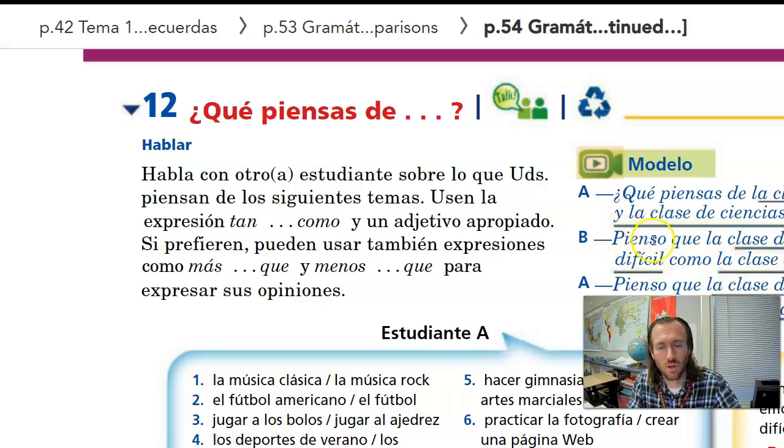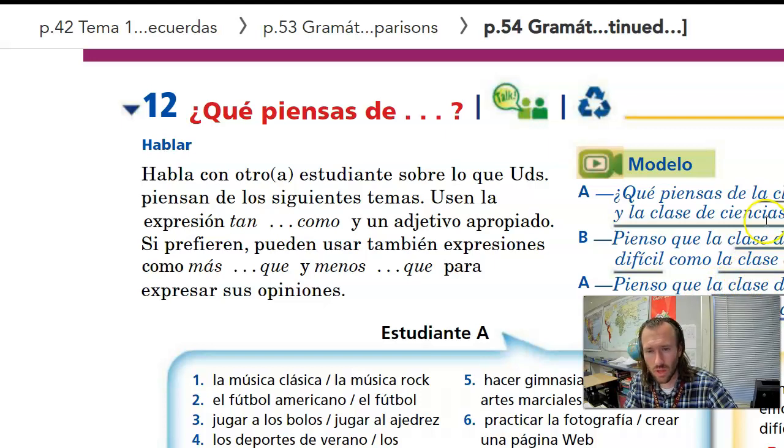I think that math class is as difficult as science class. ¿Y tú? The person who asked the question for part A will also give their opinion. Yo pienso que la clase de matemáticas es más interesante. So here they're using a comparison of inequality. Más interesante que la clase de ciencias.